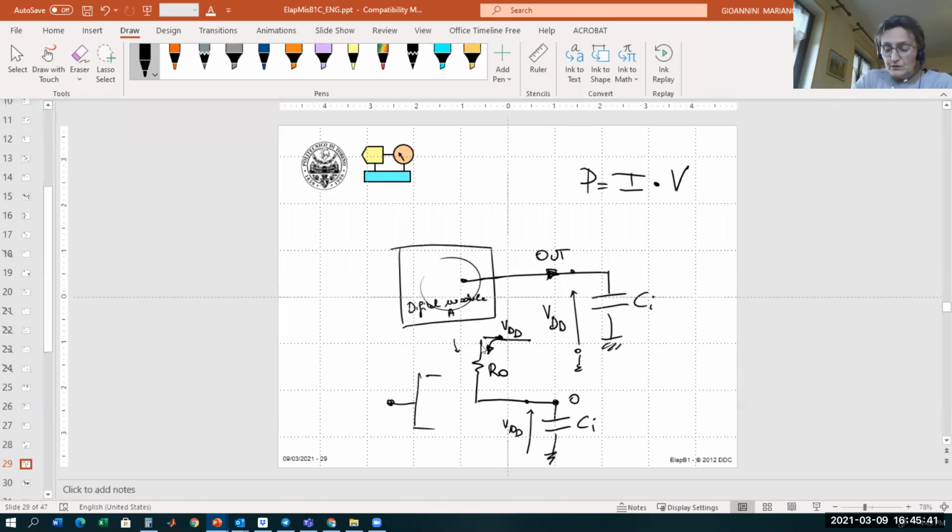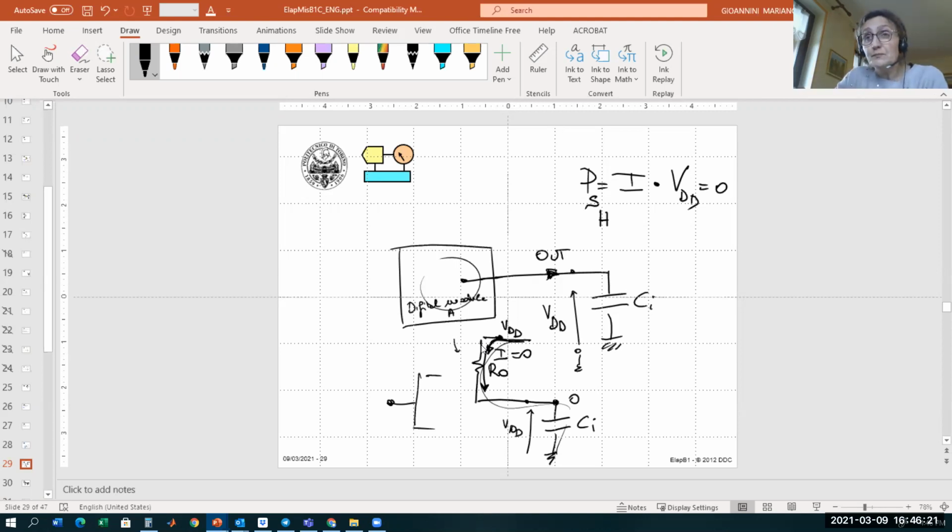The voltage is VDD, but we have no current here. This current is 0 because there's no current flowing. So the static power consumption, when the output is high, is 0, because simply we do not have current.